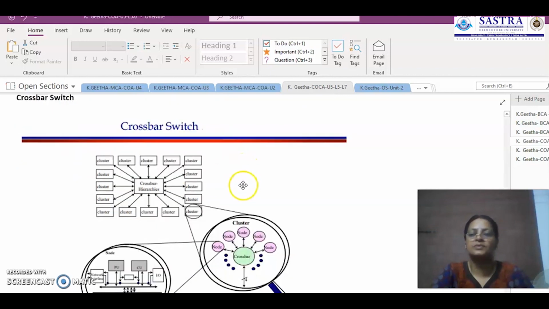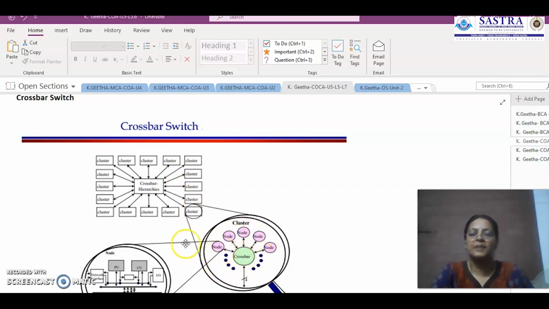Here the crossbar switch, as the diagram shows, we have the cluster hierarchies, and each particular node is going to be identified as a cluster. If you expand and view how the cluster will look, it is nothing but a collection of various nodes.